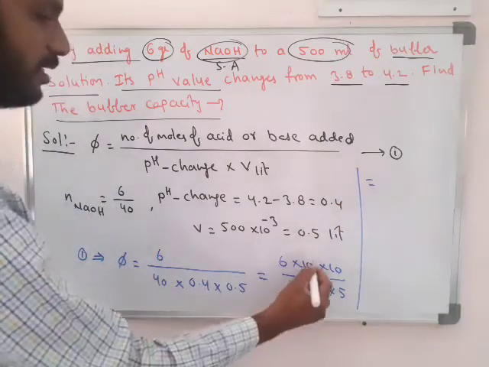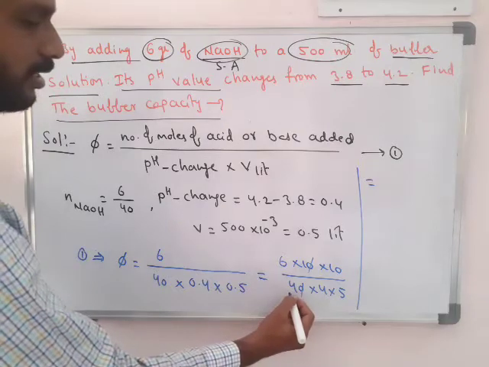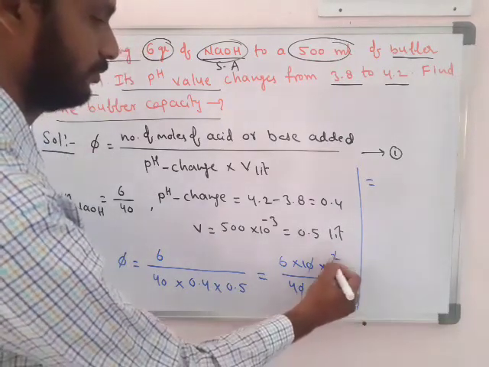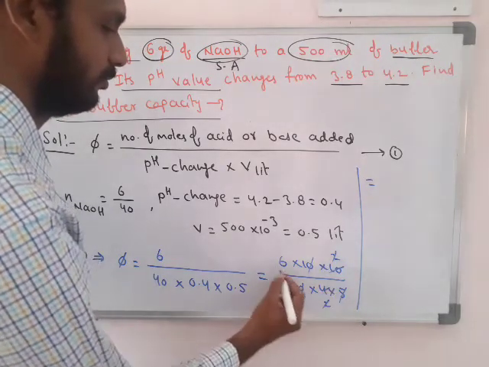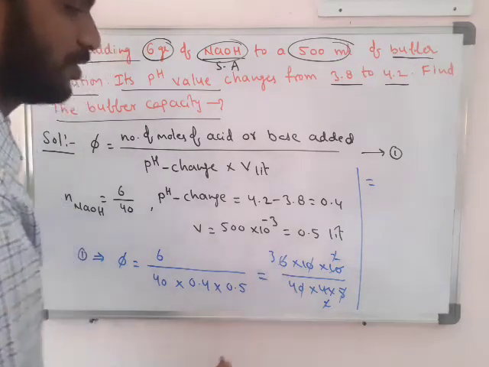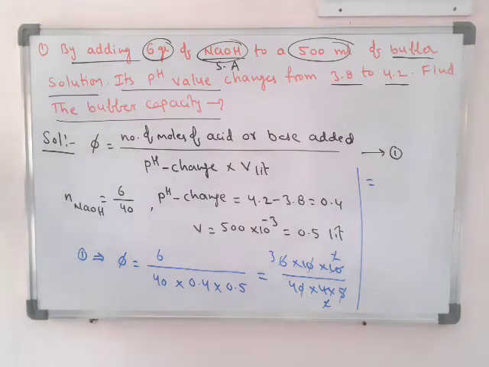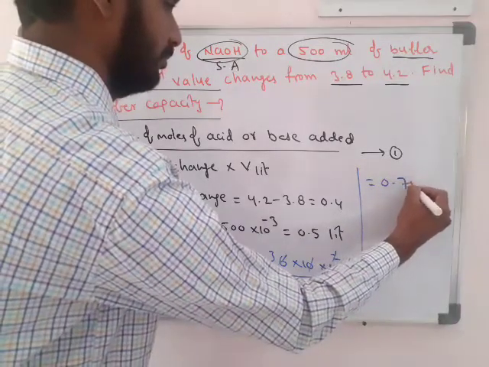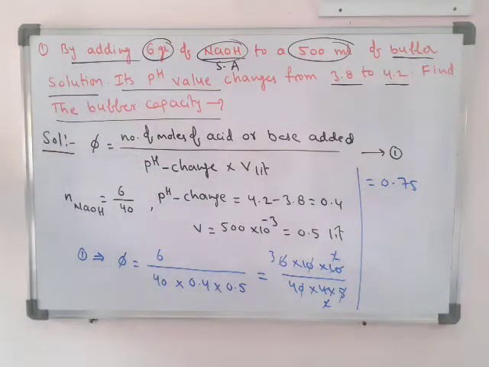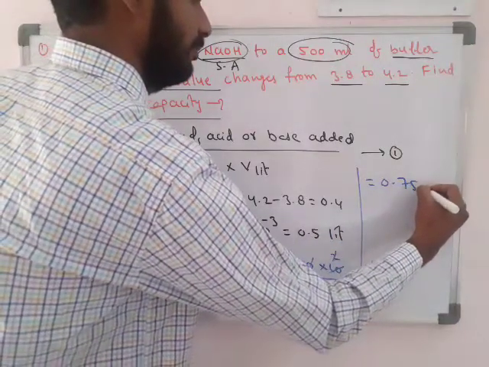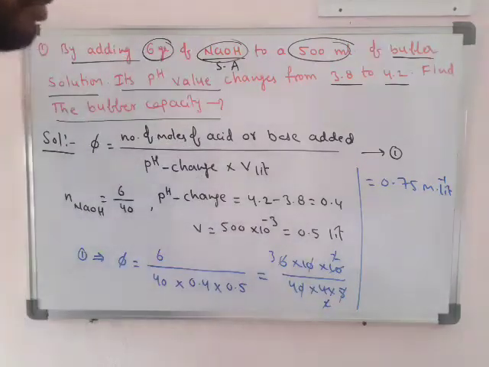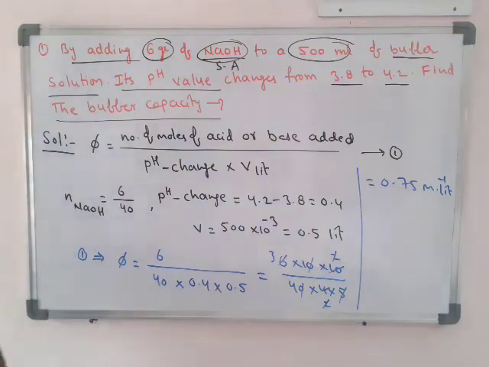On the overall calculation, finally we will get 0.75 moles per liter. So this is the buffer capacity.